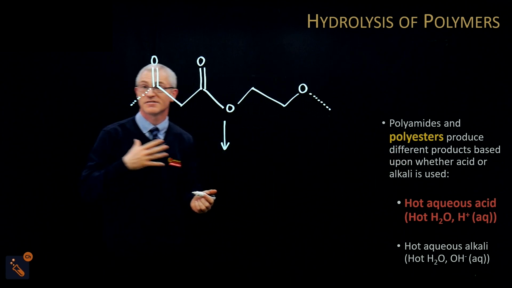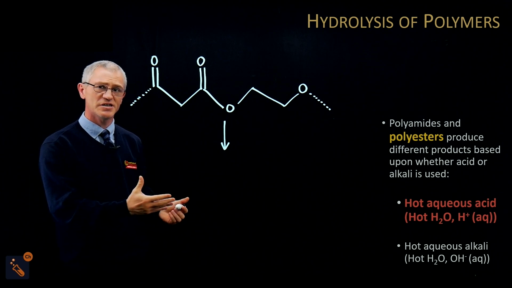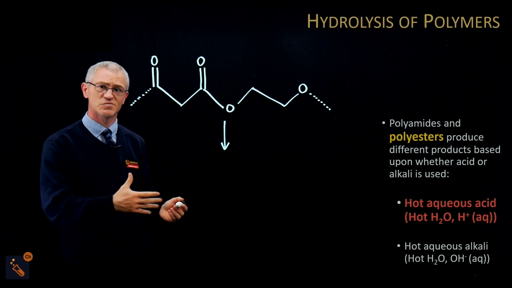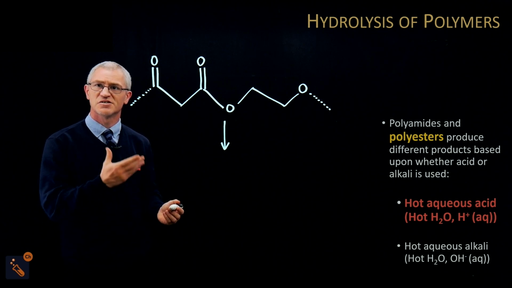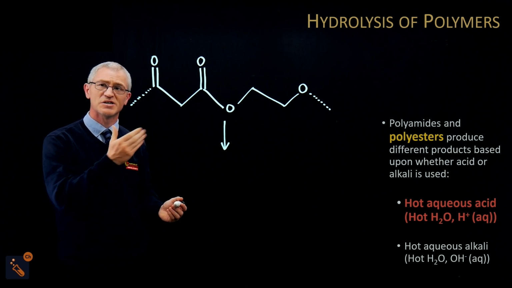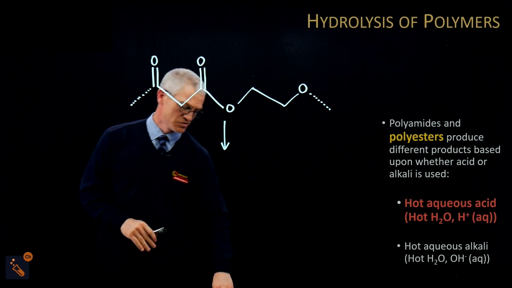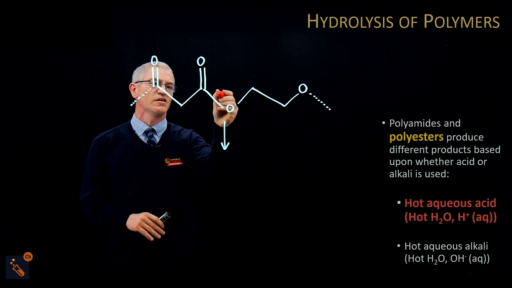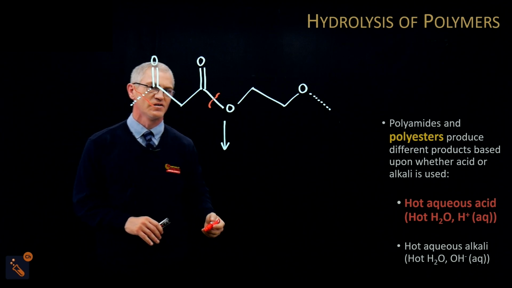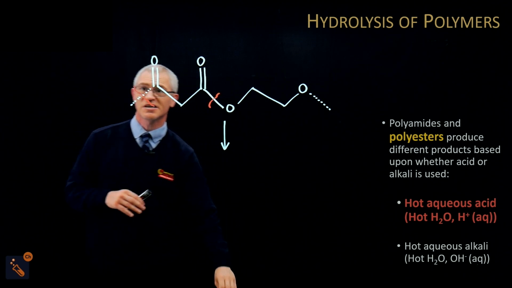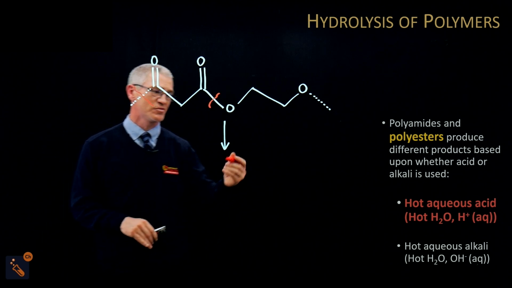So we've got two esters, which means if we're doing this and we're doing it with acid, aqueous acid, and doing this hydrolysis, okay, we need to break both of those. So we're going to break here, okay, and we're also going to break this here, okay, and I do the same thing, absolutely same thing.